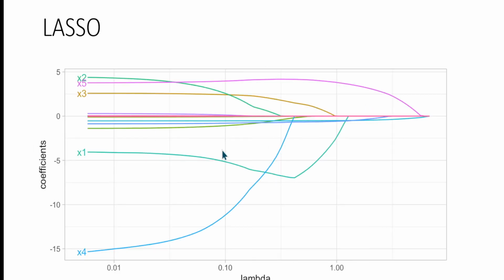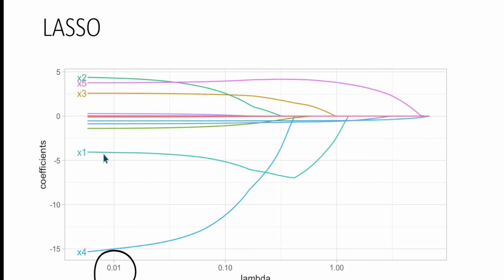So this is the same data set, again fitting 15 different variables. Let's say when the lambda value is around 0.01, all of the 15 variables are retained in the model.